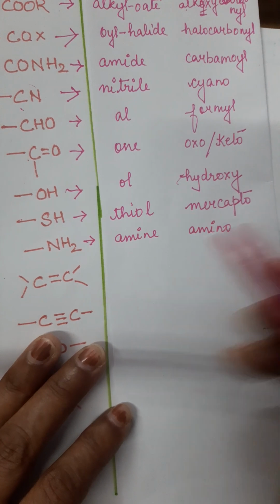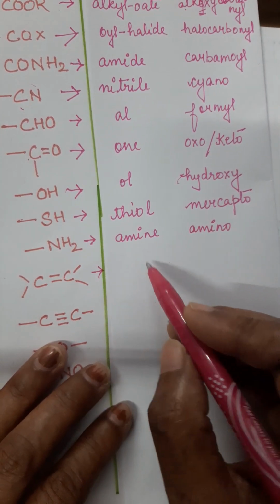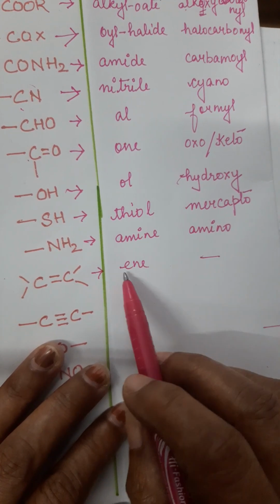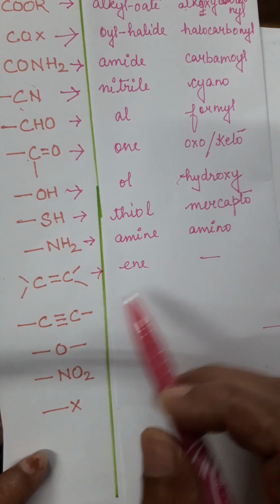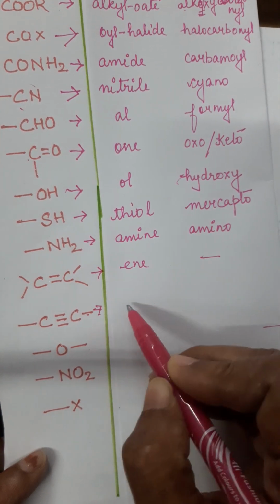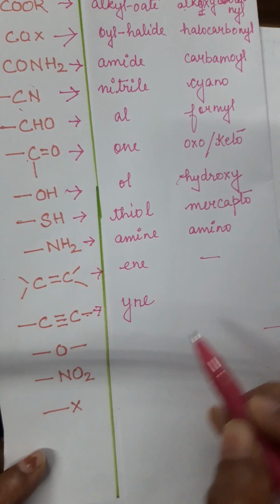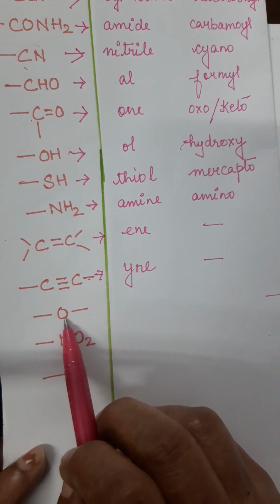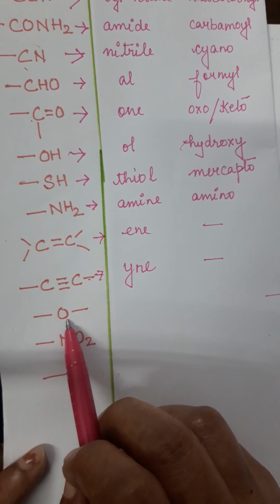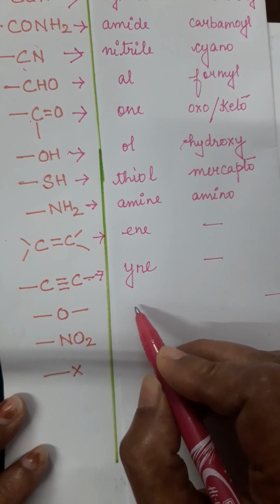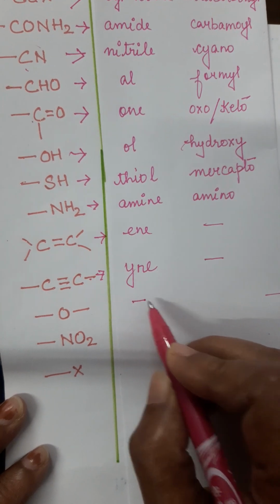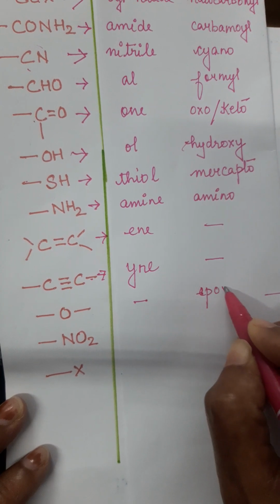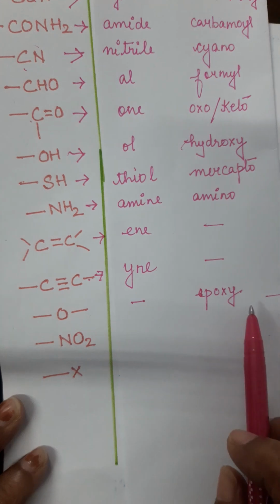Then this is alkene, so it is named as ene and there are no prefixes to it. Then this is alkyne, so we write yne and again there are no prefixes to it. Then this O represents an ether. There are no suffixes to an ether, but it can be named as epoxy as a prefix.